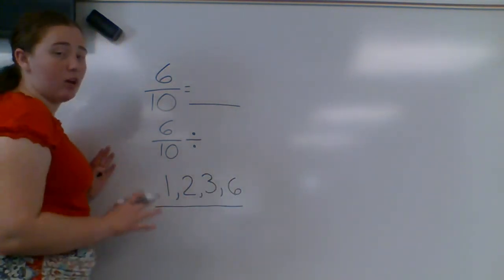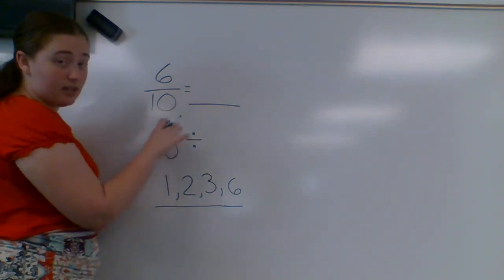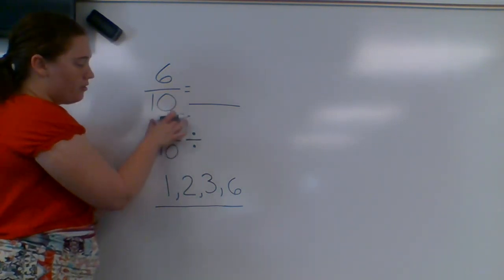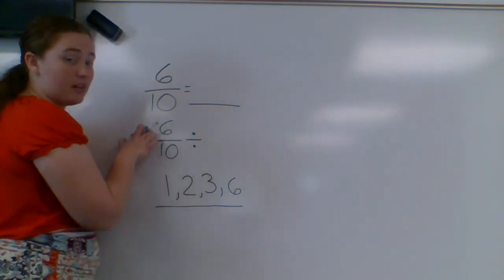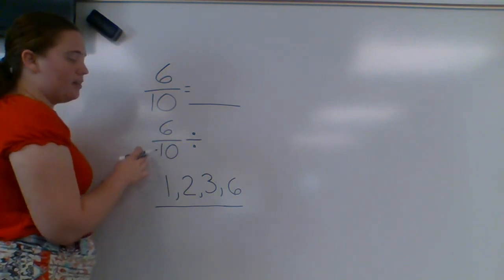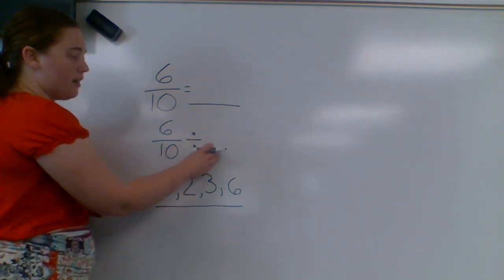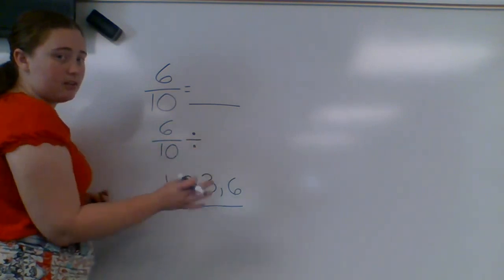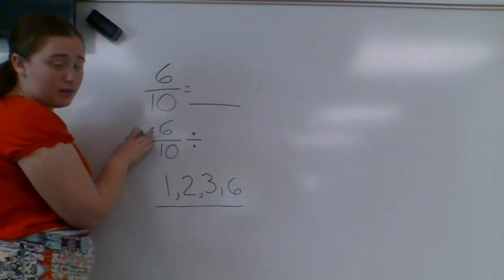And something that might help you: whatever your smaller number is in your numerator, you're never going to find a factor bigger than that number. So I'm never going to say, well, 6 over 10, maybe I can use 10 to divide 10 over 10. No. It's never going to be bigger than your smallest number, which would be in your numerator, of course.